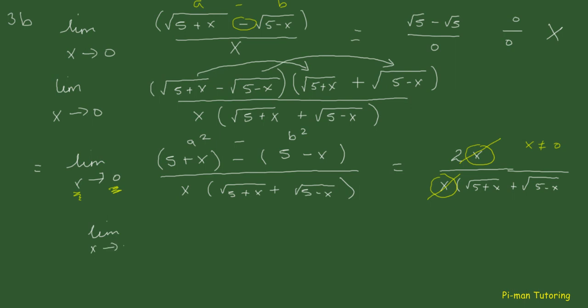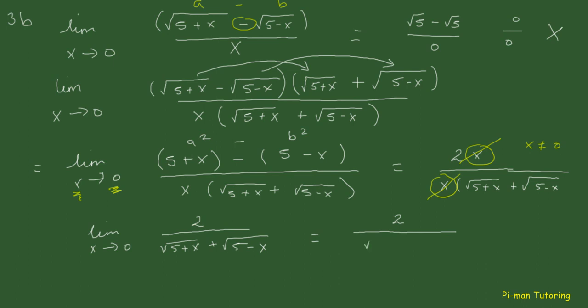as x tends to 0 of 2 divided by root 5 plus x plus root 5 minus x. And now, because we've removed the problematic part of the function, we are able to substitute in x equals 0, even though the function doesn't exist at x equals 0.